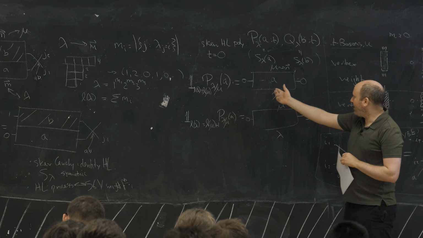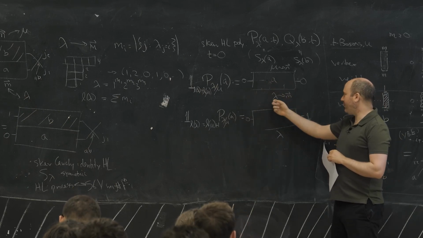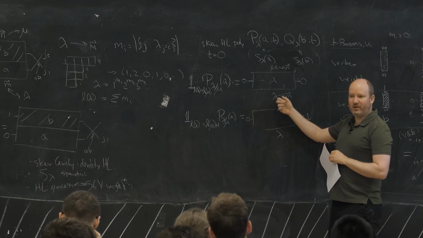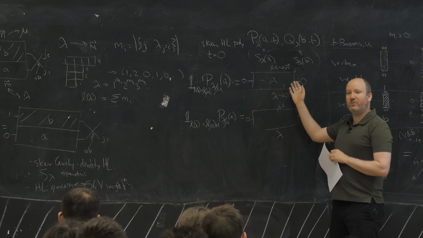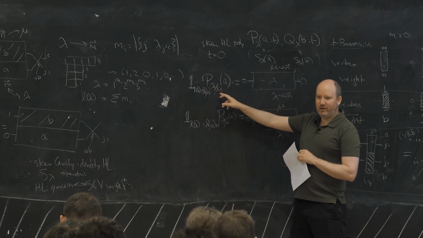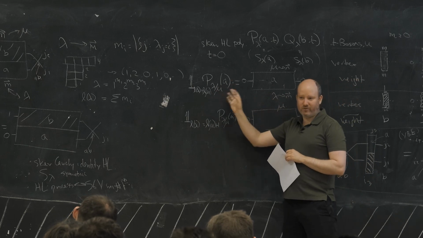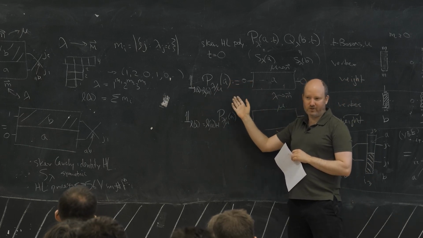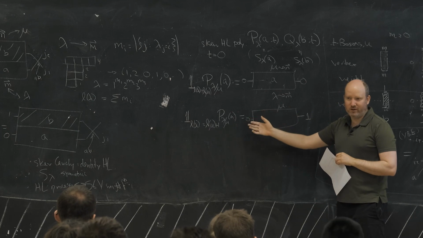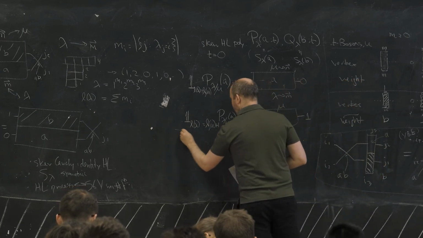Every horizontal line corresponds to a change in the value of one of the parts of lambda, and the total number of changes is exactly the size of lambda over mu. And so I get the indicator function for interlacement times a to the size of lambda over mu. And that's the skew-Schur polynomial. The exact same thing works in this setup, so this generalizes these skew-Schur polynomials.